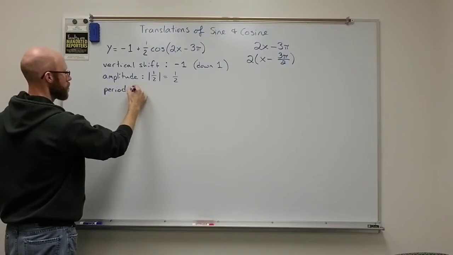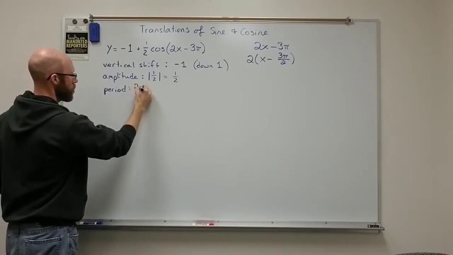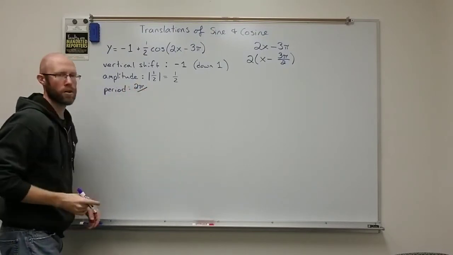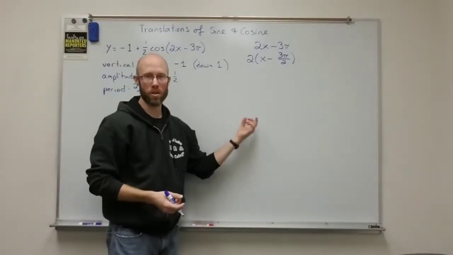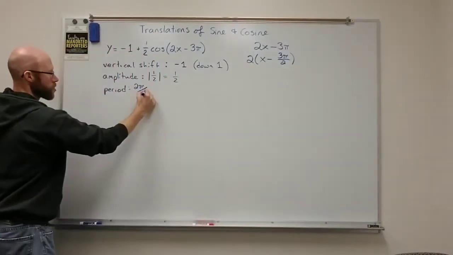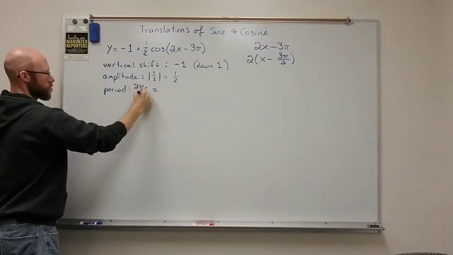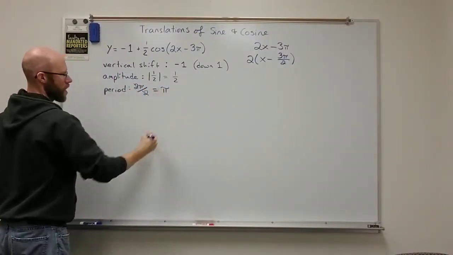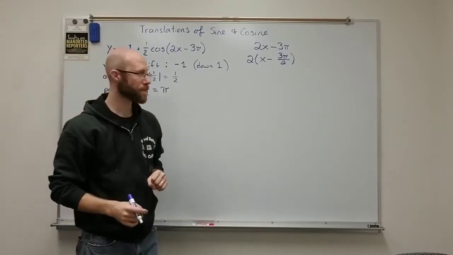The period, remember, is 2 pi over b, b being that constant, and so that's 2 pi over 2 in this case. The 2's would cancel, and we'd be left with just pi.